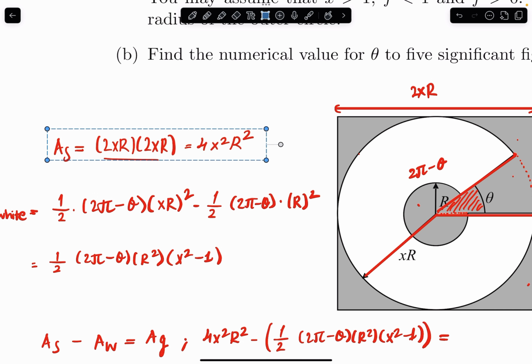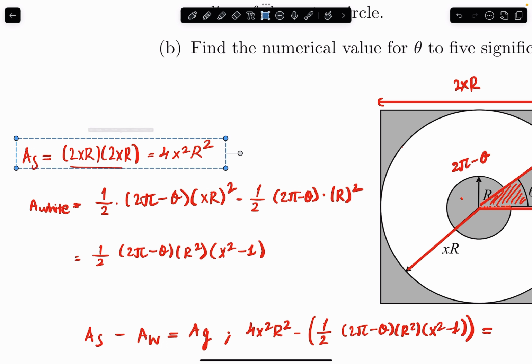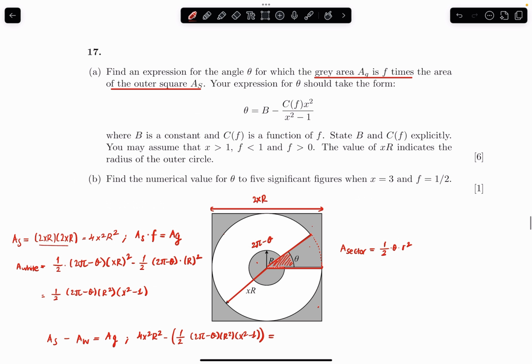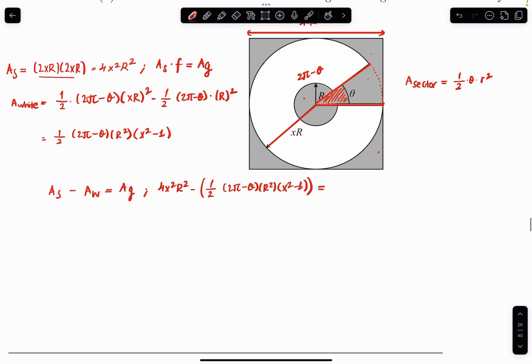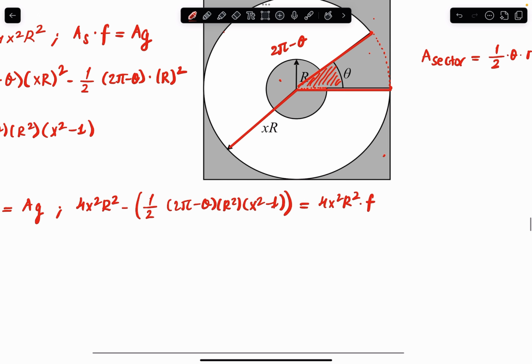So what this means essentially is, let me show it here. If I multiply f with the area of the square, I'm going to get the gray area. This is what the question tells us. So that means the area of the gray area is going to equal 4x squared r squared times f.